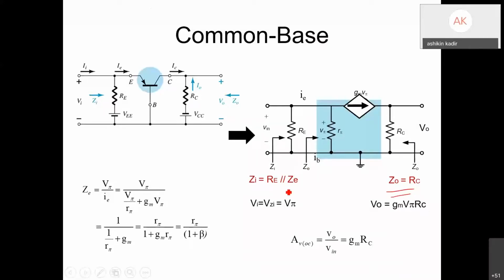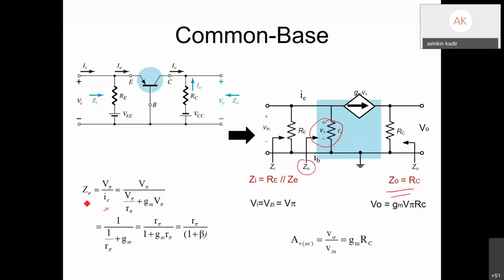ZI equals RE parallel with R pi, because the current is not the same as well. So what we can do is, this is the I I have right over here. So you need to find the equivalent resistance over R pi. Here we can indicate it with ZE.